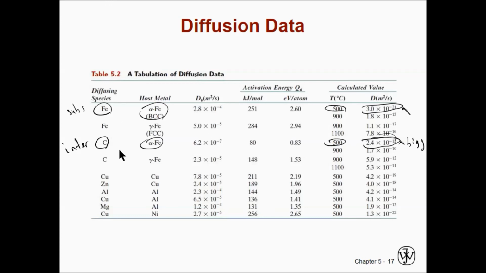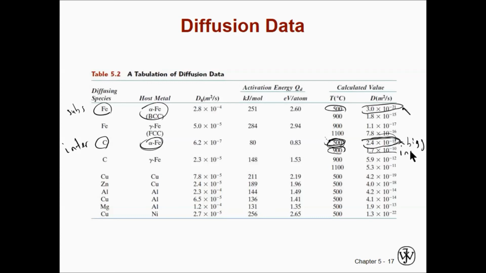And next, again, for carbon in iron at 500 degrees Celsius, it takes this amount of diffusion coefficient. With the increased temperature for the same element, you can see that the diffusion coefficient got even bigger.